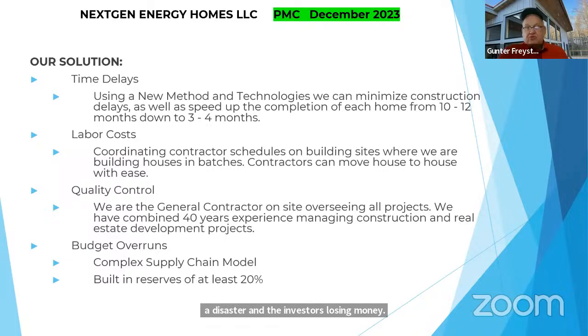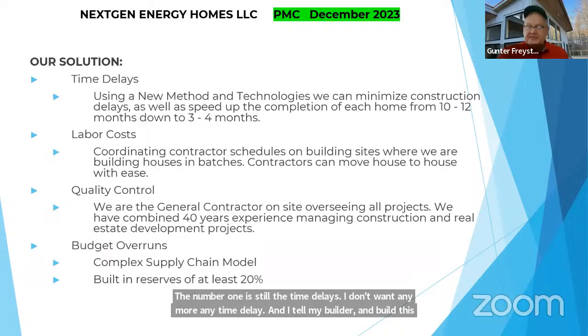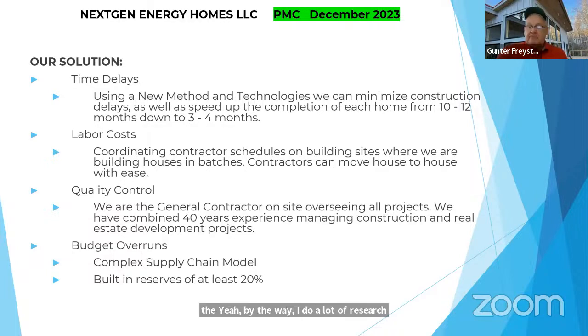And here's the answer. By the way, I do a lot of research. I looked at 3 or 4 different ways of building a house with SIP panels, structured engineered panels, and all other things too. What's the fastest way? So I came to know a company called Brickless. They can build a house to completion in 90 days.